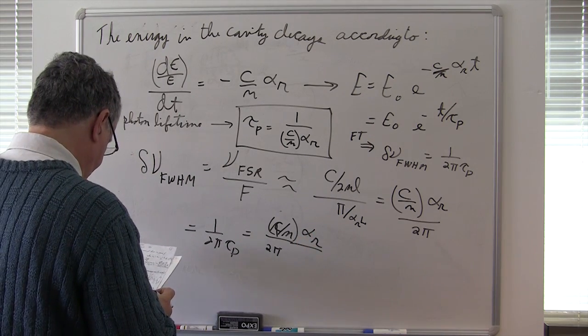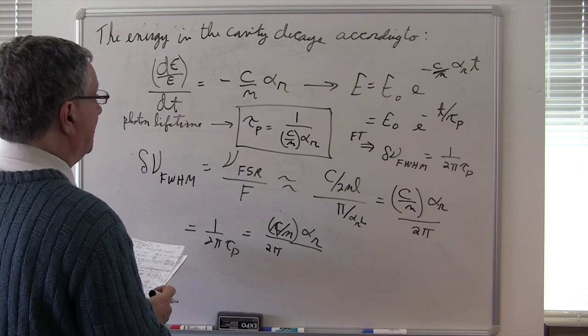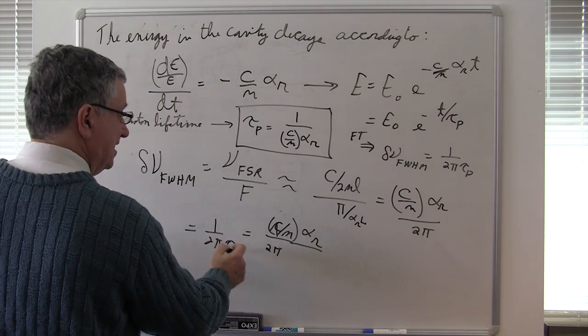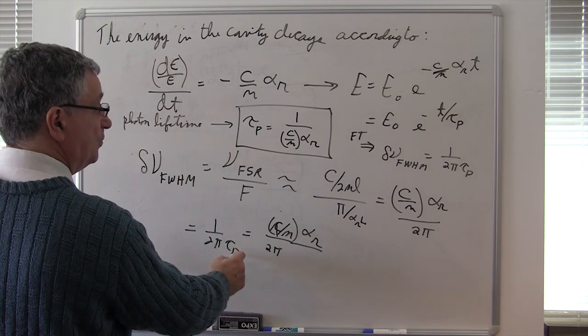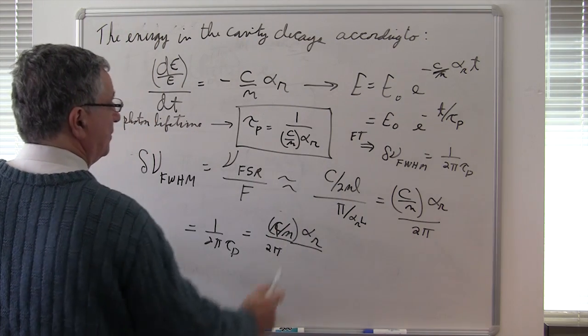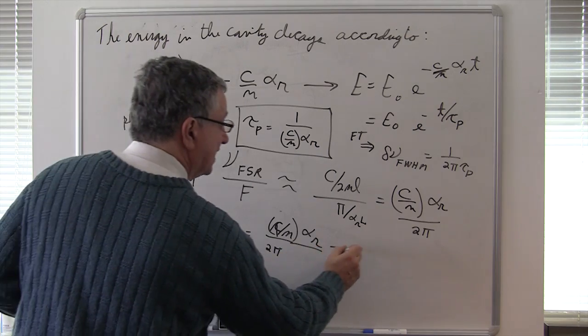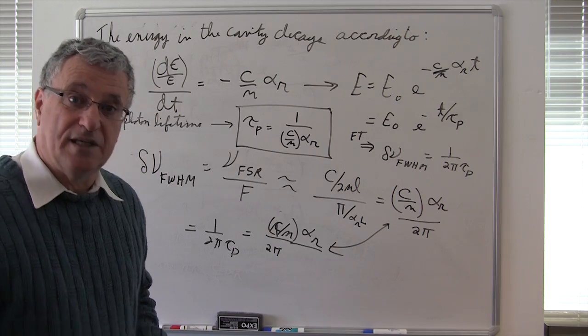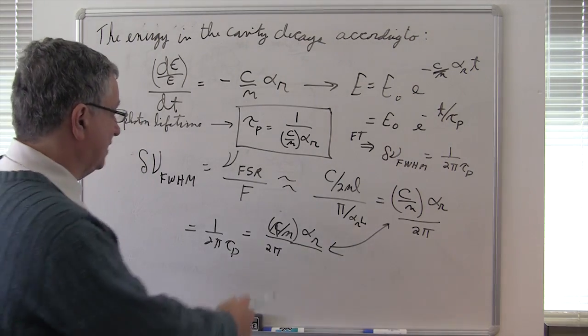Okay, and so this is what you get, 1 over 2 pi tau p using our definition of photon lifetime, and you see that these two expressions are completely compatible, and this is what you would expect. Okay, we get the same expression.